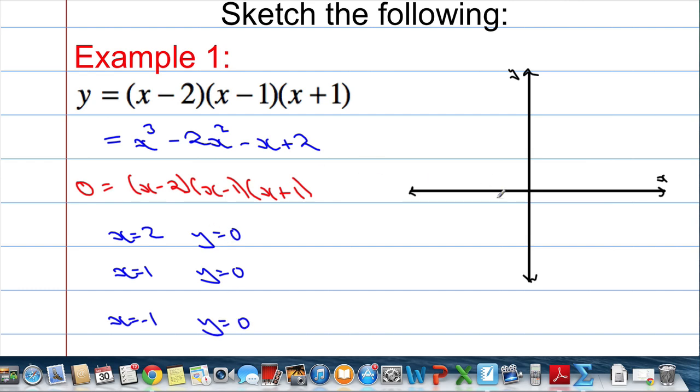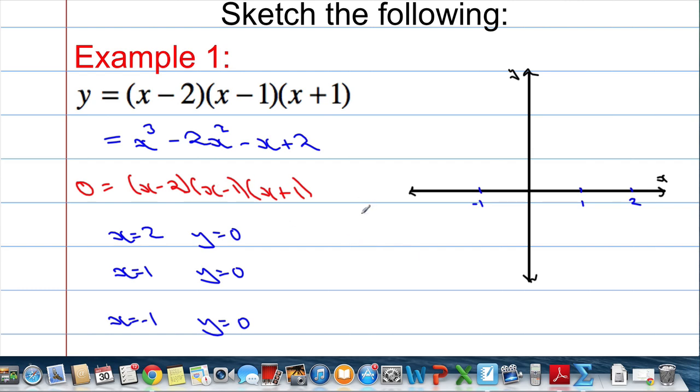So these are really useful. They tell me where the function cuts the x-axis, in other words, where y is equal to 0. So we had x equal to 1, x equal to 2, and x equal to negative 1. So that's the first part.